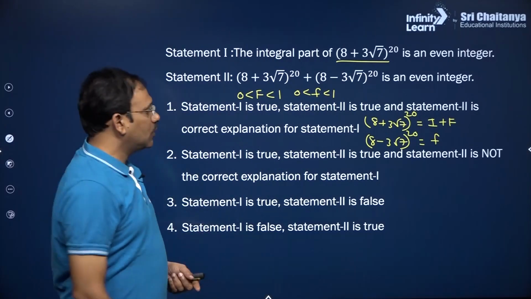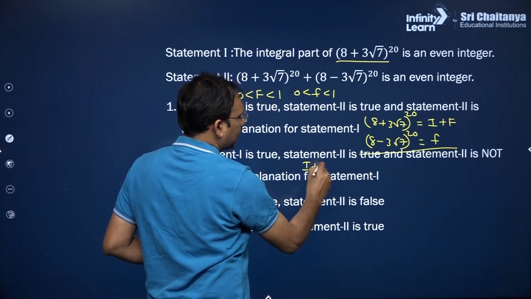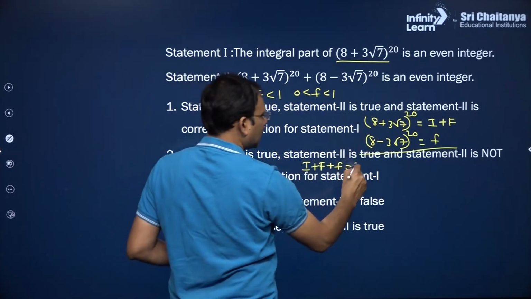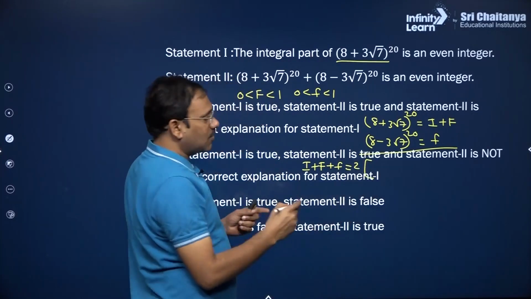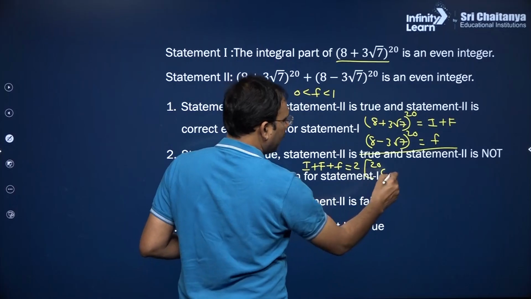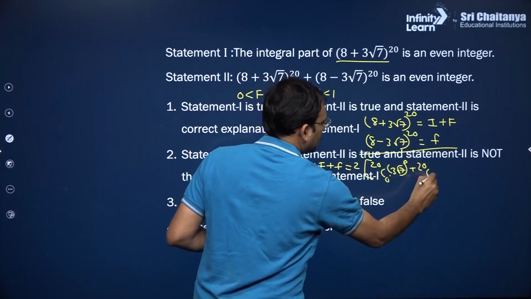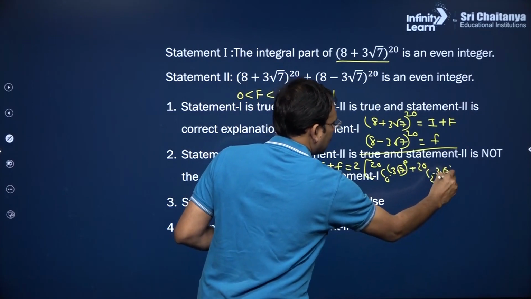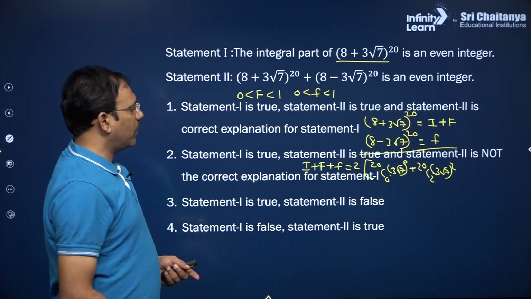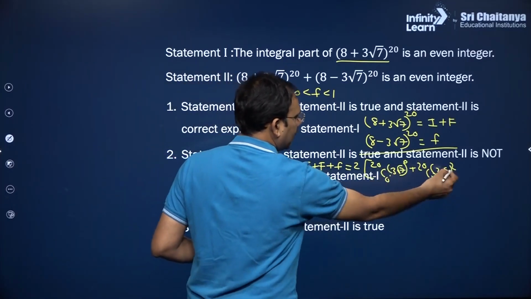Now you just try to add these two, what will you get? I plus capital F plus small f, if you expand the binomial expansion, the first term is 20C0, 8 power 20, 3 root 7 power 0, plus 20C2, 3 root 7 square, with 8 power 18, like this.